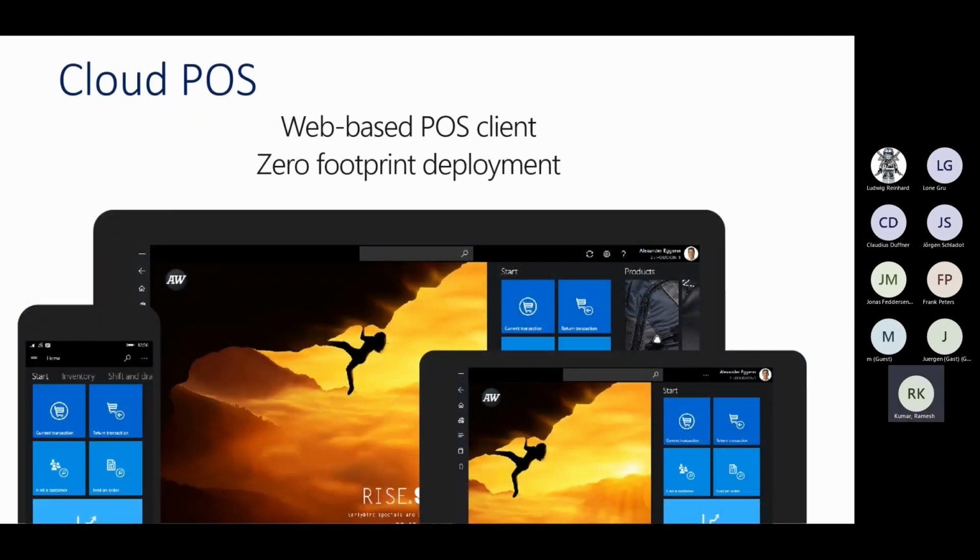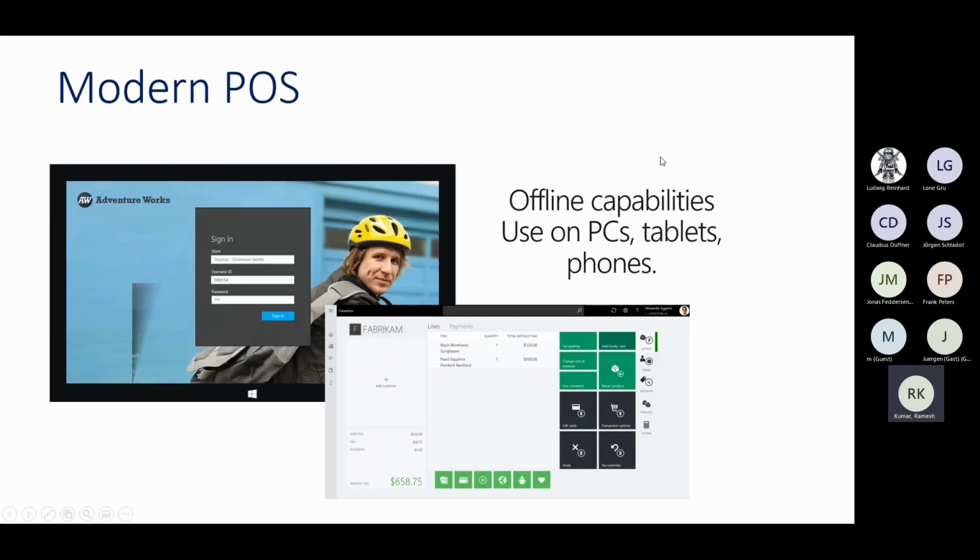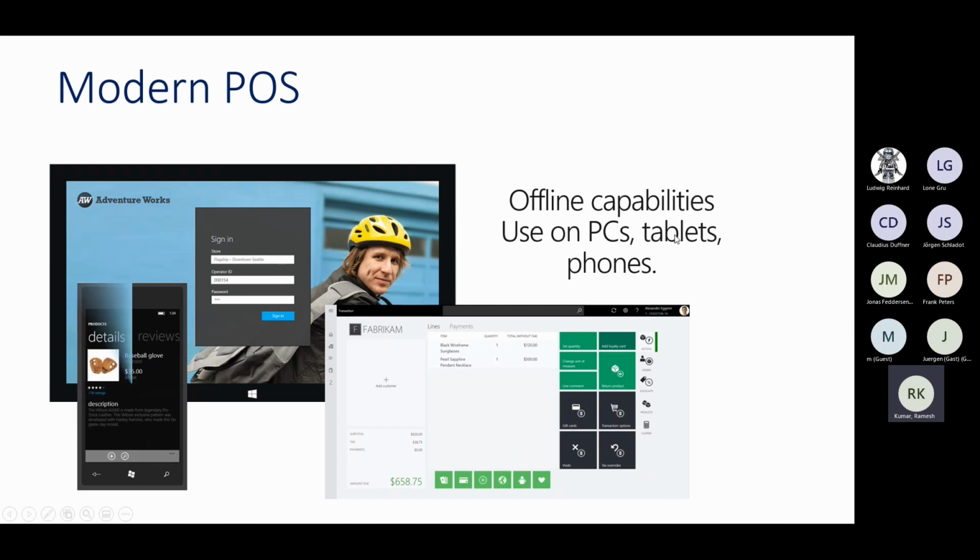The benefit of the cloud point of sale is it's a web-based POS which has zero footprint deployment. Also, we have modern point of sale. The benefit of that one is it can have offline capability and can use the point of sale on a tablet or mobile as well.